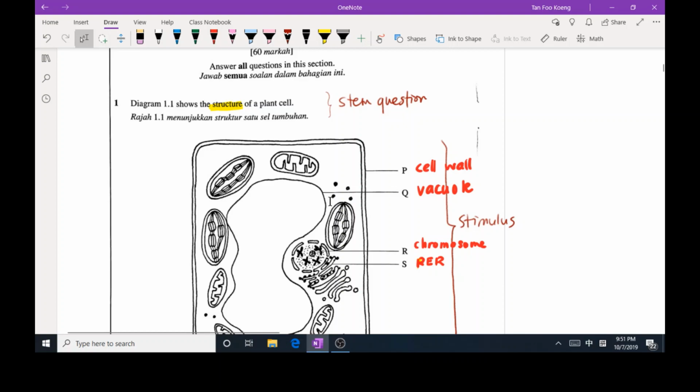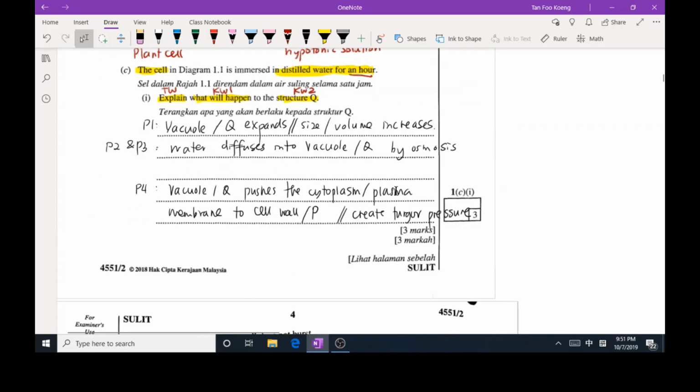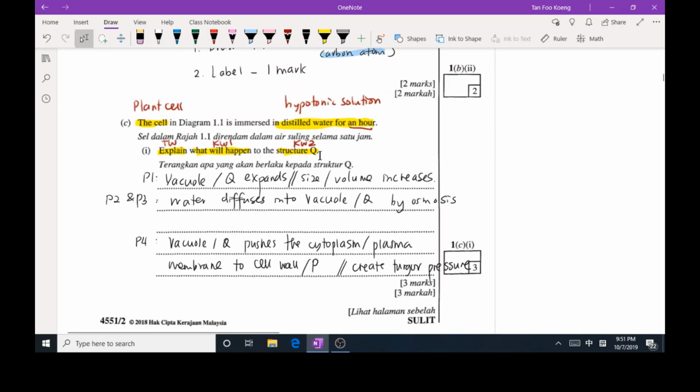So Q can be tonoplast technically, but in our explanation, what can we talk about Q? So what will happen to the tonoplast when the cell is immersed in distilled water? So it's hard to write, right? We have not even seen such a phenomenon or any experiment about it in our textbook. So Q should be vacuole and not tonoplast.